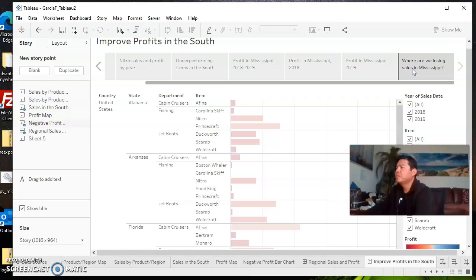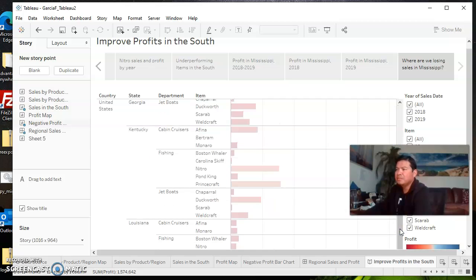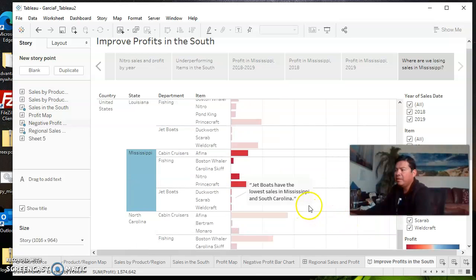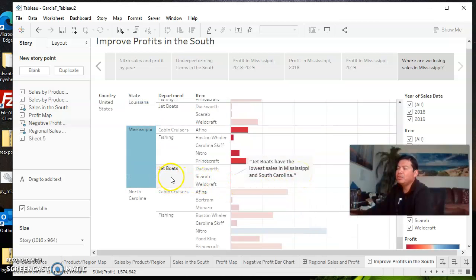So clearly we can see exactly where we are losing sales in the state of Mississippi. Here you can see the jet boats, what I mentioned earlier in one of the worksheets, that jet boats were showing very low sales.